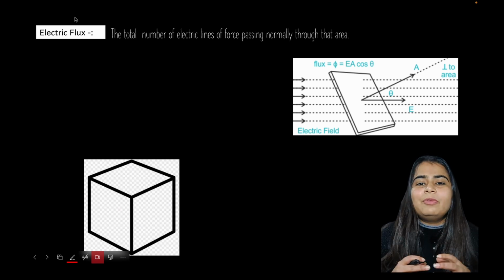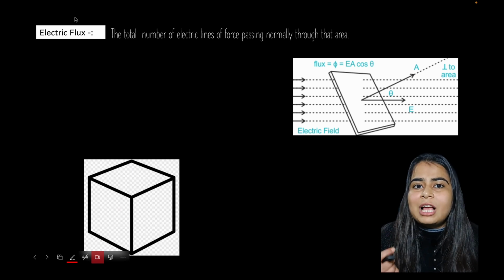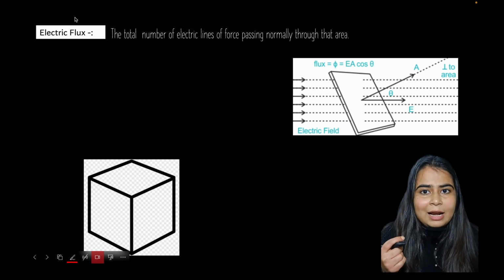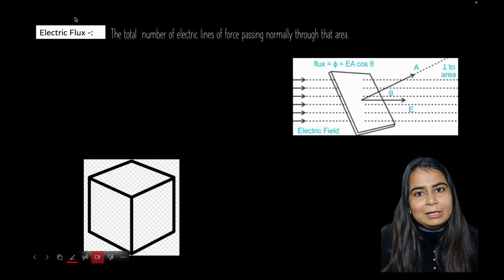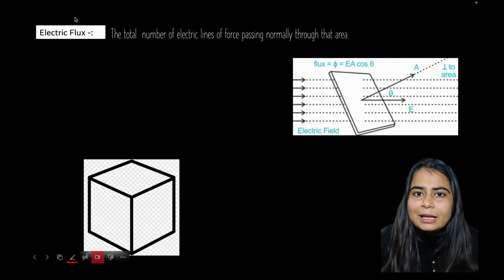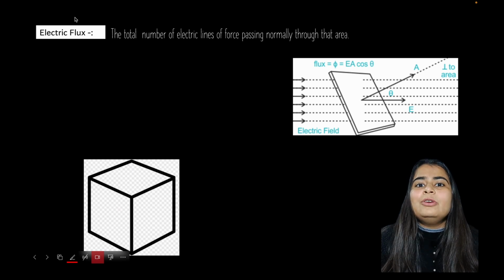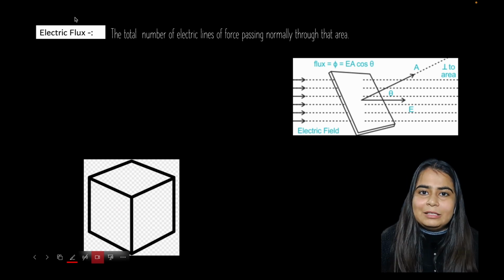As we know, whenever we are discussing a charge, an isolated charge is a source of electric field. And to denote this electric field, we basically use electric field lines.